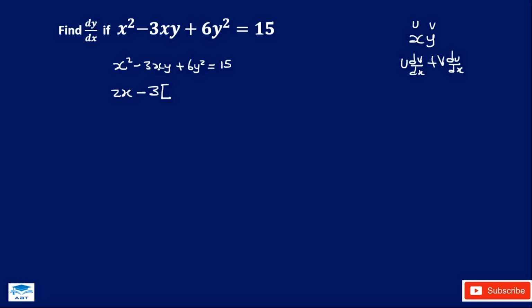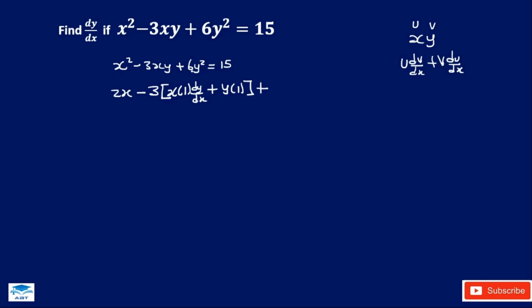Okay, so we are going to maintain u, which is x. Then we differentiate v, which is y. The differential of y is 1. But anytime you differentiate y, you multiply the result by dy dx. Plus, we are going to maintain the second variable and differentiate the first variable. The differential of x is 1.